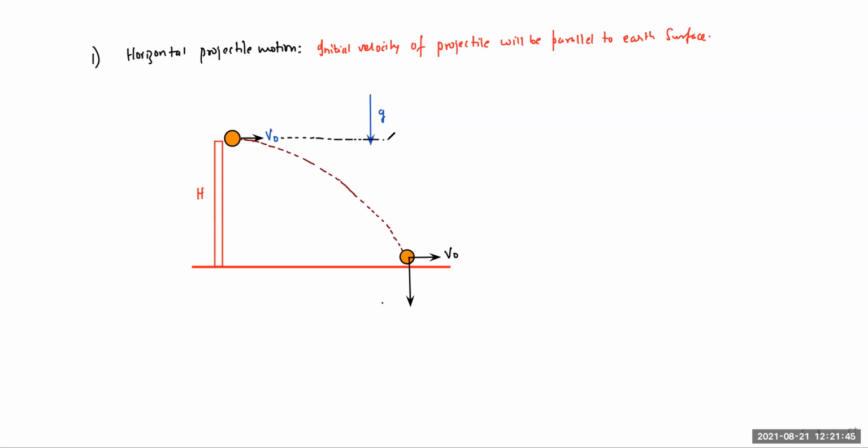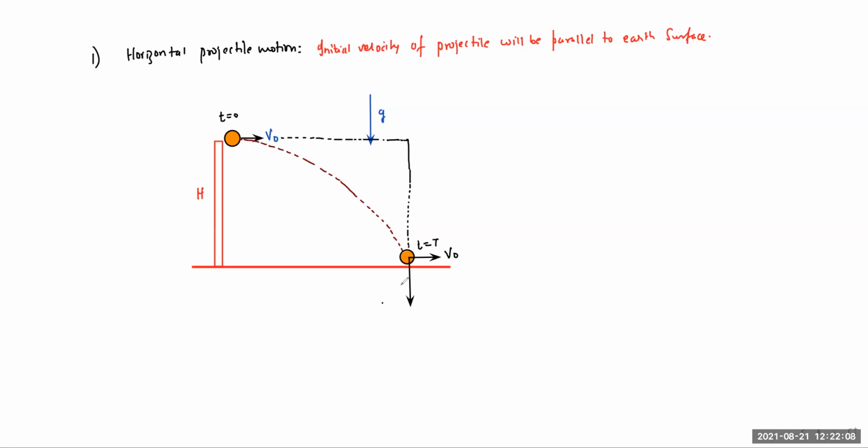Correct. So that's why we can reconstruct this motion using two different motions. I can think that in the time you went from here to here, you travel this much horizontally and you travel downward.